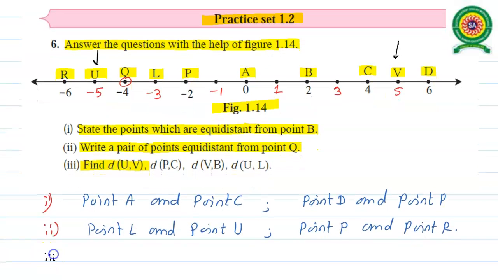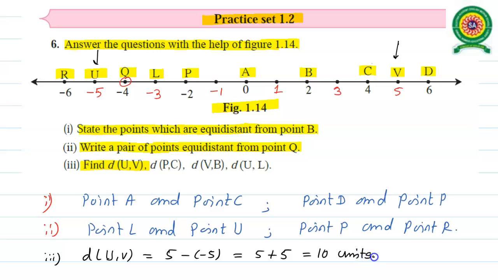So for finding the distance we have to subtract the coordinate of point U from that of point V. So I am writing now distance of U comma V: 5 minus minus 5. So 5 minus minus becomes plus 5, and 5 plus 5 becomes 10. And look at the unit places between U and V. They are exactly 10: 1, 2, 3, 4, 5, 6, 7, 8, 9 and 10.